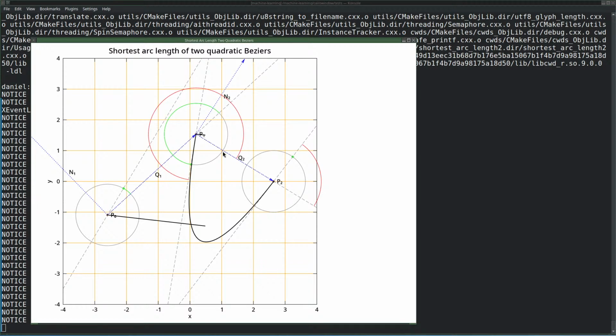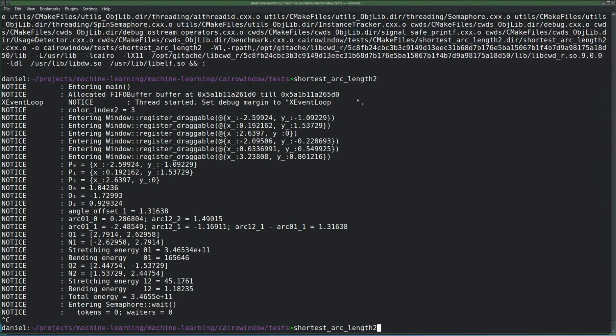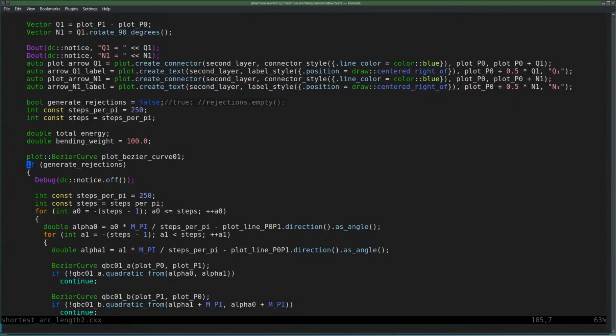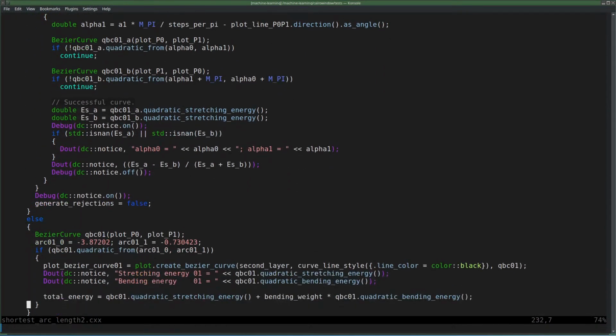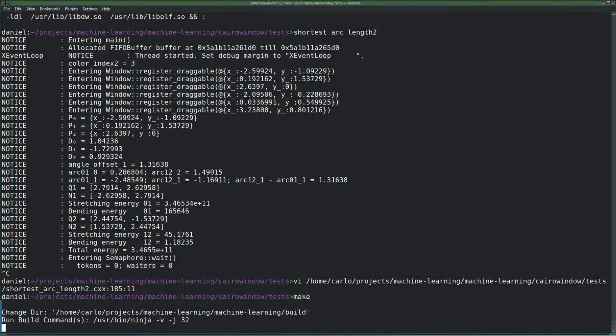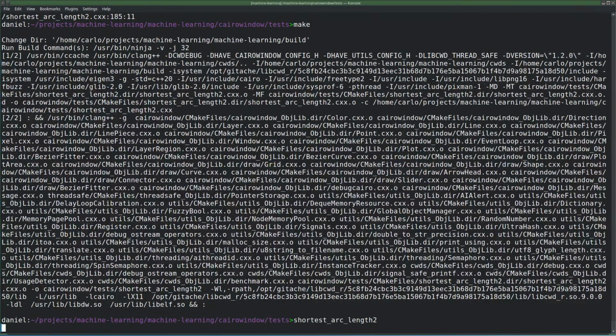Let's see if I can get it to draw. If I change it a tiny little bit. So I remove this too. Can it go either way then?